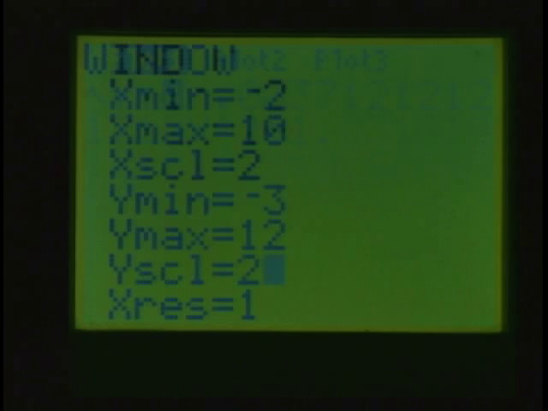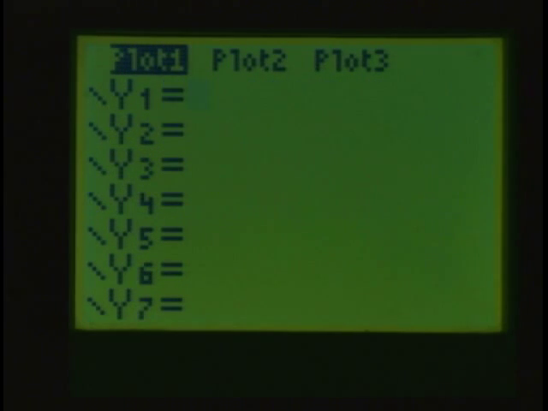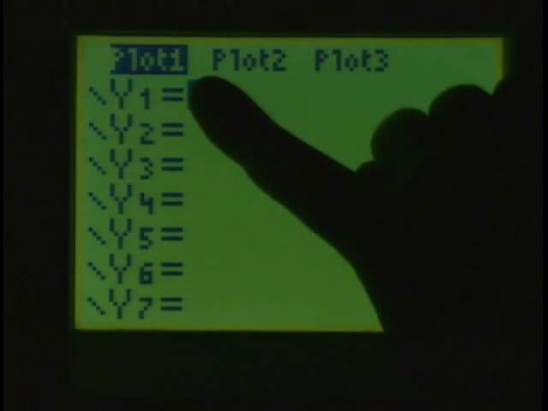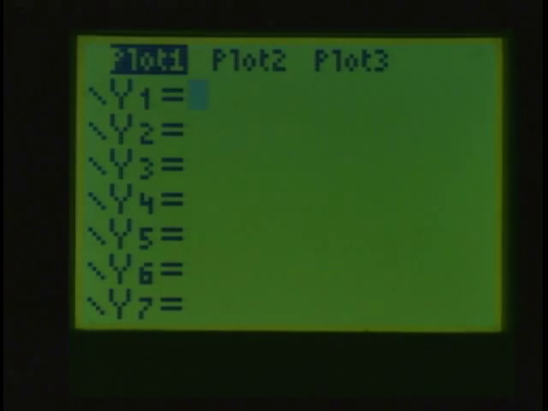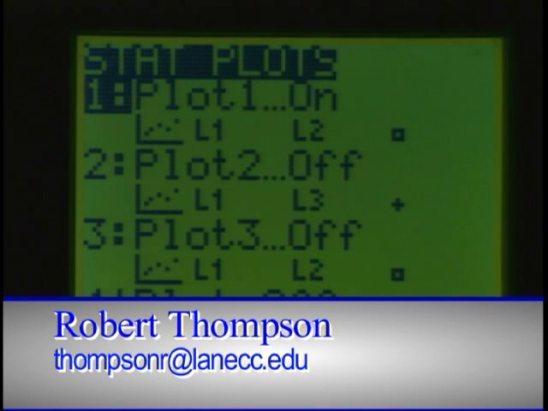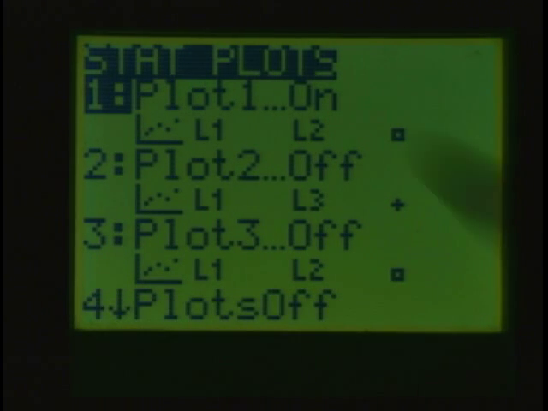Now I go to y equals, and I already have, notice at the top here, the stat plot number 1 turned on. If I go to the stat plot command on the y equals key by shifting and going, you'll see that plot 1 is turned on. And I'm going to go ahead and go into it so you can see the details.